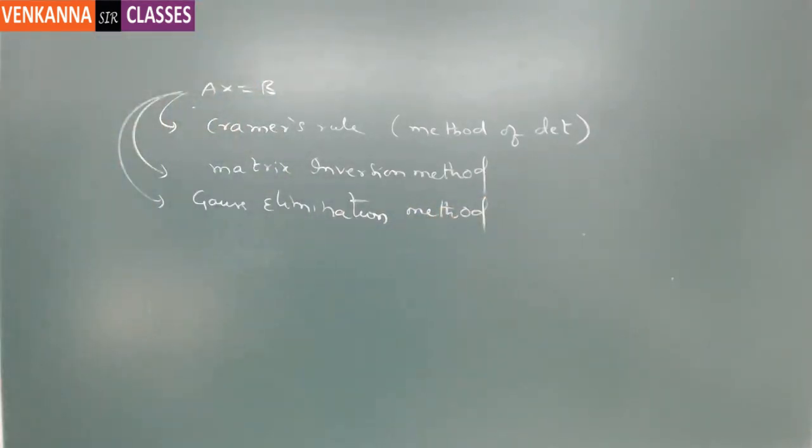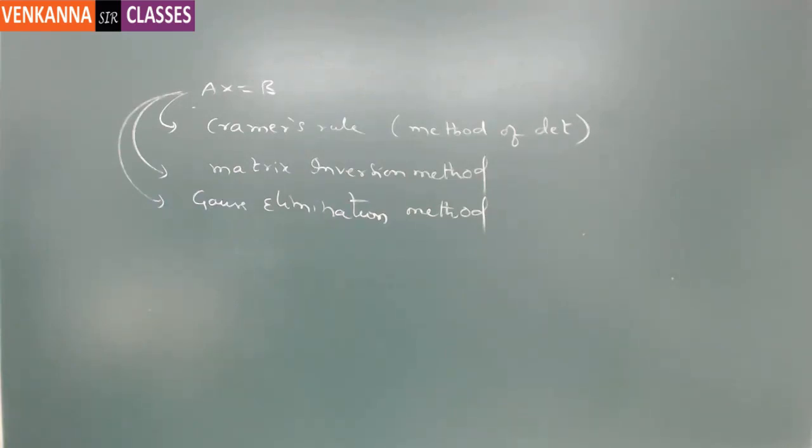Have you known these methods? Are they not known? So usually we apply these methods for square matrices. Whenever the coefficient matrix is a square matrix on the left side, we will apply these methods, which is convenient for us to solve. Can you recollect those concepts?